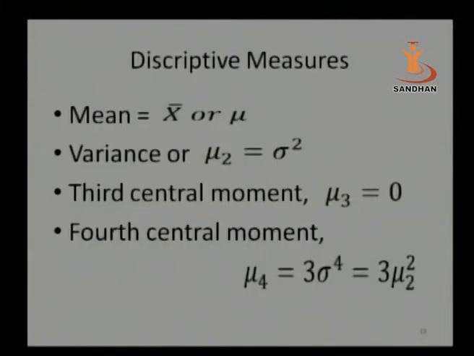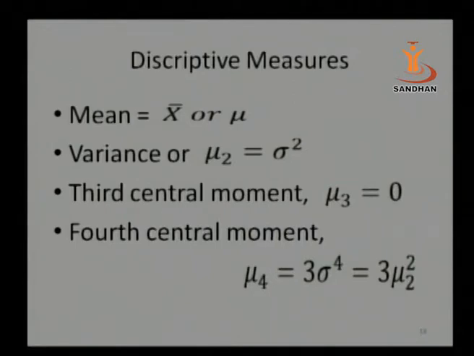Now next, let us see some descriptive measures for normal distribution. Here, mean is equal to x bar or mu, and variance is denoted by mu2 or sigma square. Friends, you know the formula for mean and variance respectively, right? Now the third central moment, mu3, is always 0 for normal distribution, and the fourth central moment, mu4, is equivalent to 3 sigma raised to 4, or 3 mu2 square, because mu2 is equal to sigma square.